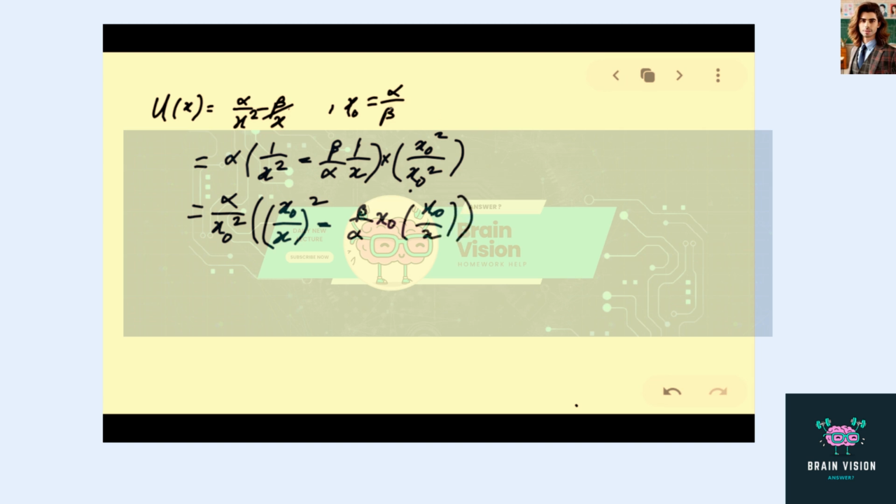Since x naught is alpha over beta, the alpha over beta cancel each other out to get just 1. And this is the expression that the question wants us to find.